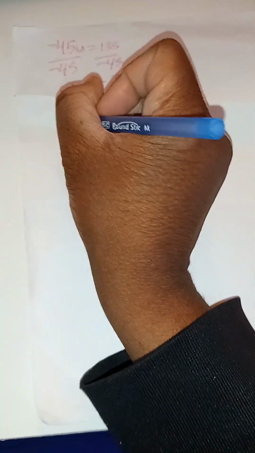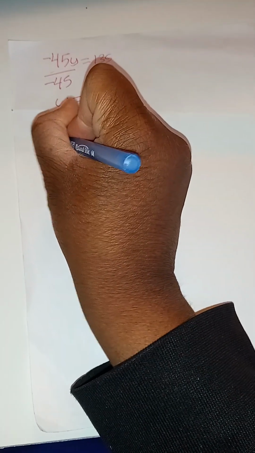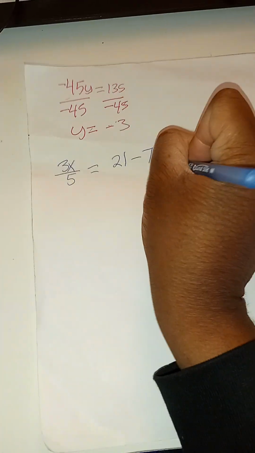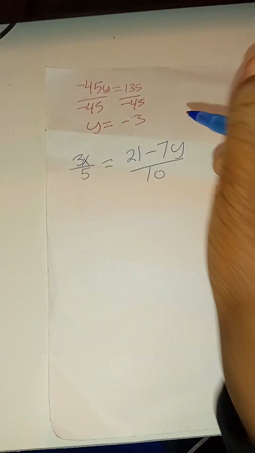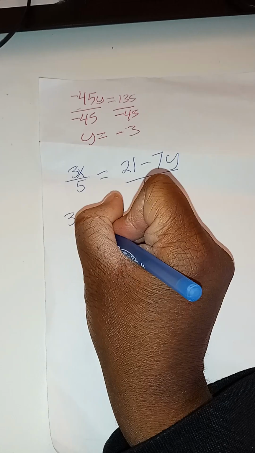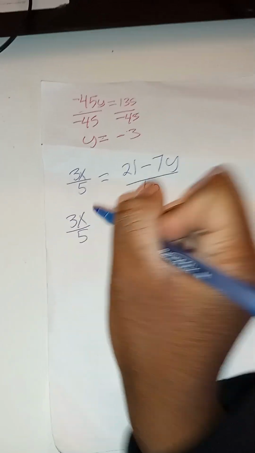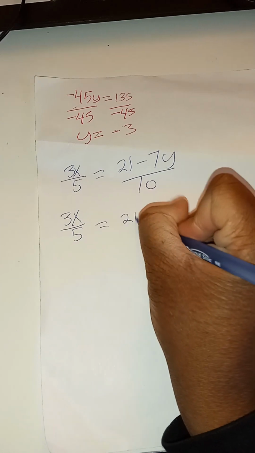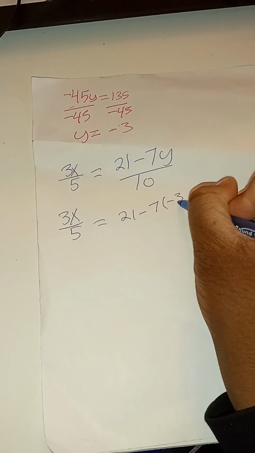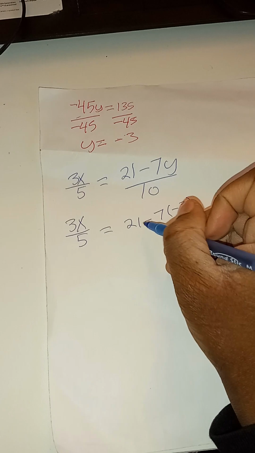We could use equation 1 or equation 2. And so I am going to choose equation 2, which includes 3x divided by 5 is equal to (21 minus 7y) divided by 10. We know y is equivalent to negative 3, and we need to solve for x. So 3x divided by 5 is equal to (21 minus 7 times negative 3), all over 10.